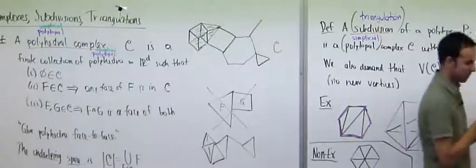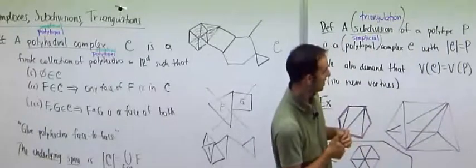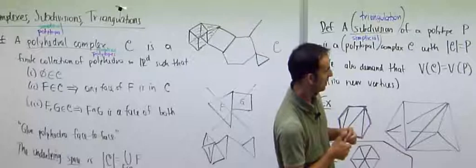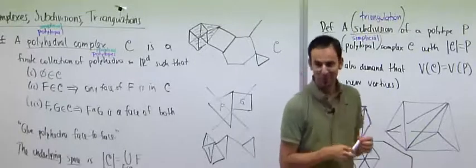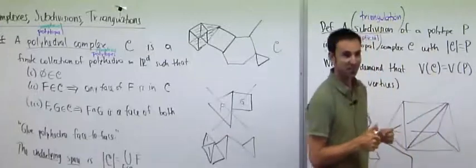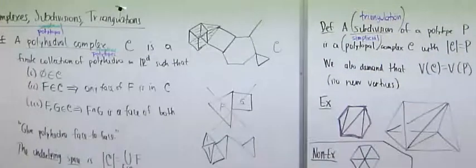So I'll receive any objections now. Why doesn't 2 prime have an edge with 4 prime? It does. You're right, I'm missing an edge from 2 prime to 4 prime. Agreed? I better be missing something, because this is a 3-dimensional polytope and this guy has only 2 edges. I think that's it.